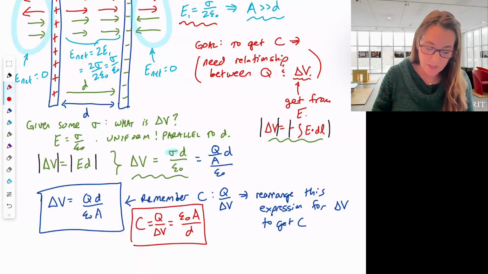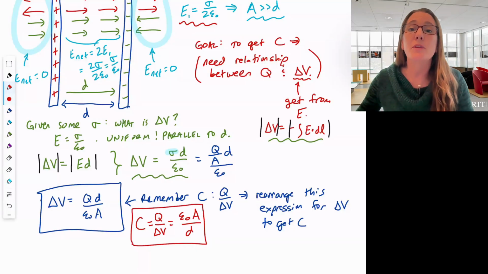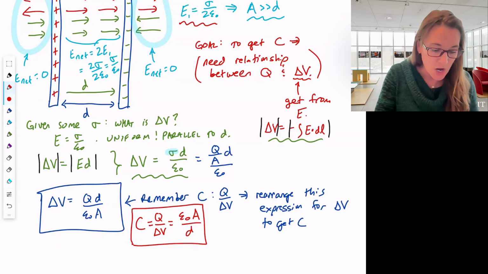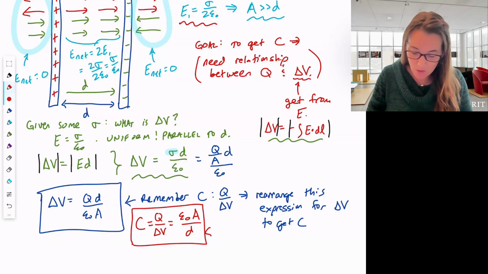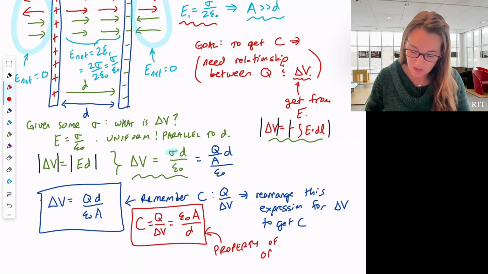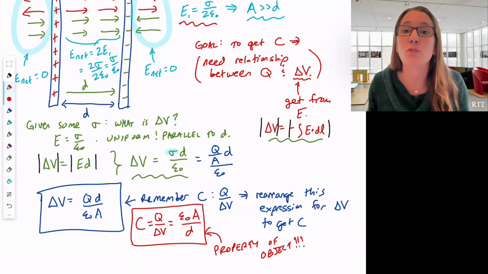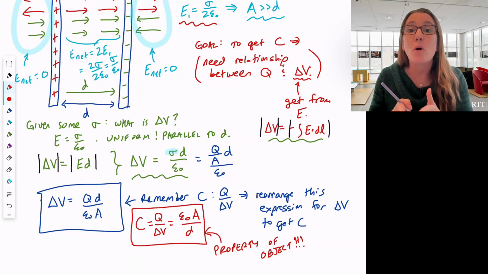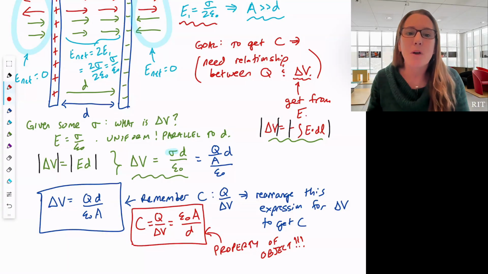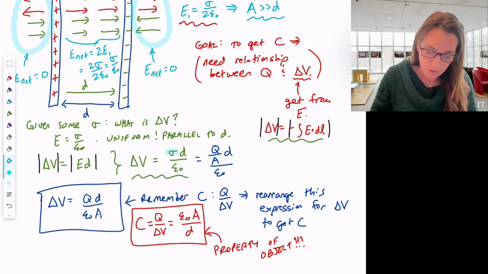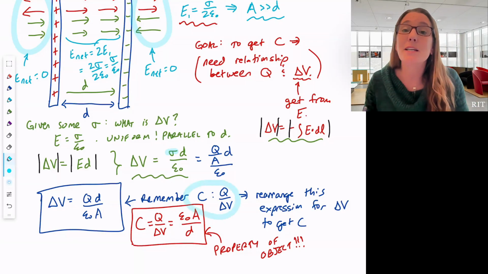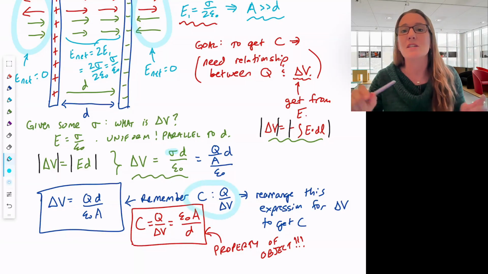A couple things to note about this: it is actually independent of anything except the geometry of the object. Very importantly, this is a property of the object, dependent on its geometry only. What is the area of the plates? How far apart are they? That might be surprising because the original equation for capacitance seems like it would depend on Q and delta V, but it doesn't.